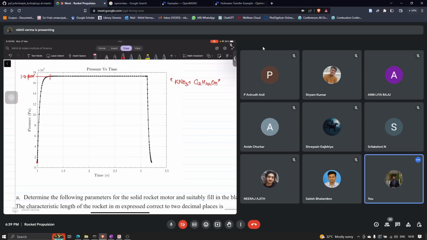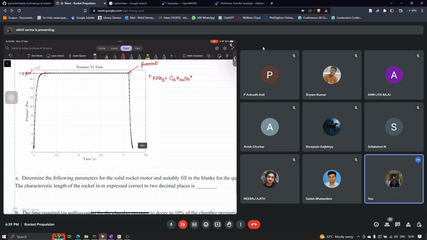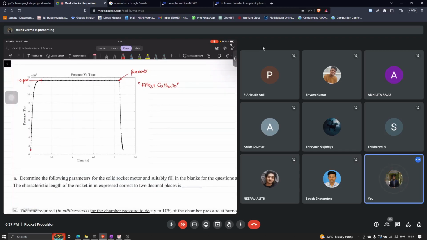After this point, known as burnout, whatever you have gets expelled due to the pressure difference, and the pressure inside the combustion chamber decreases.